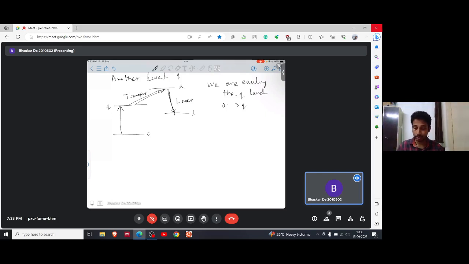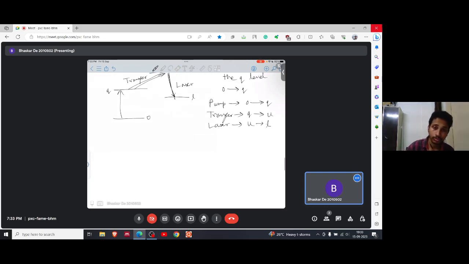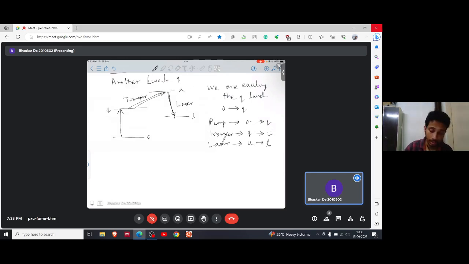The pumping is happening between 0 and Q, transfer is happening between Q and U, and then the laser is U to L. So this is one kind of pump and transfer or indirect pumping, and this is known as transfer from below.